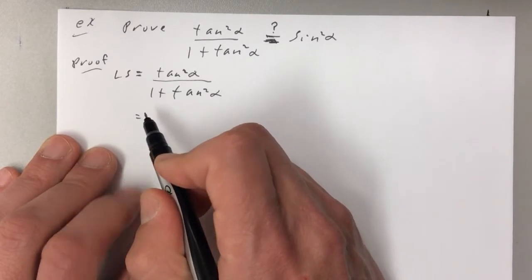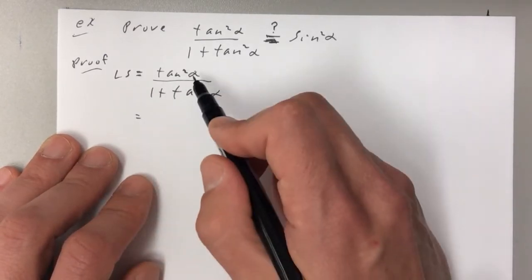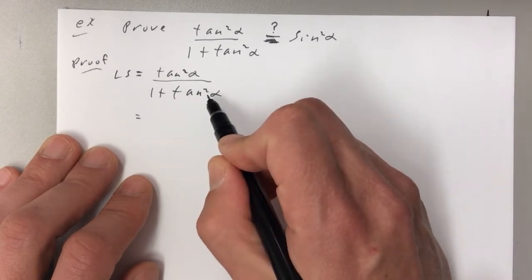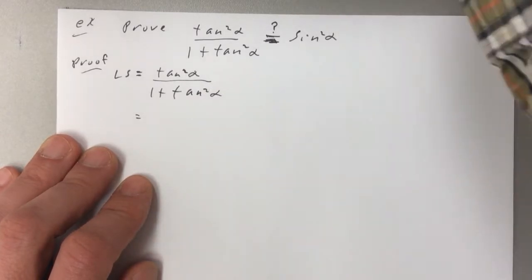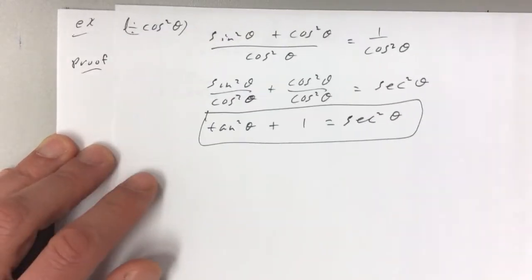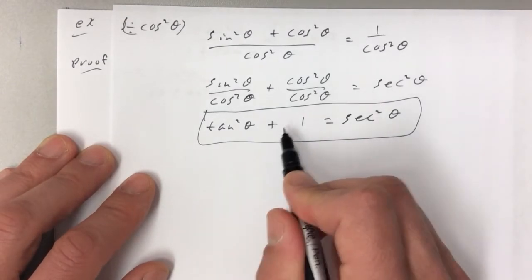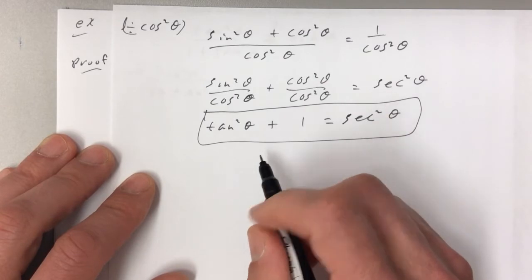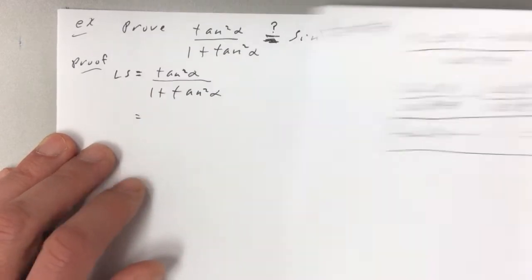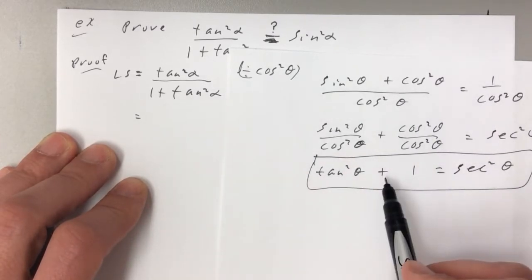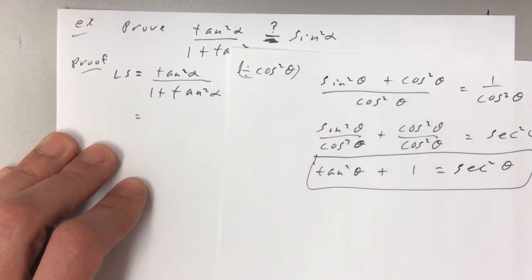And we're going to change the 1 plus tan squared to something else. So if we look back at what we just proved, we proved that tan squared theta plus 1 equals secant squared theta. So we could say that the 1 plus tan squared theta is now secant squared theta.